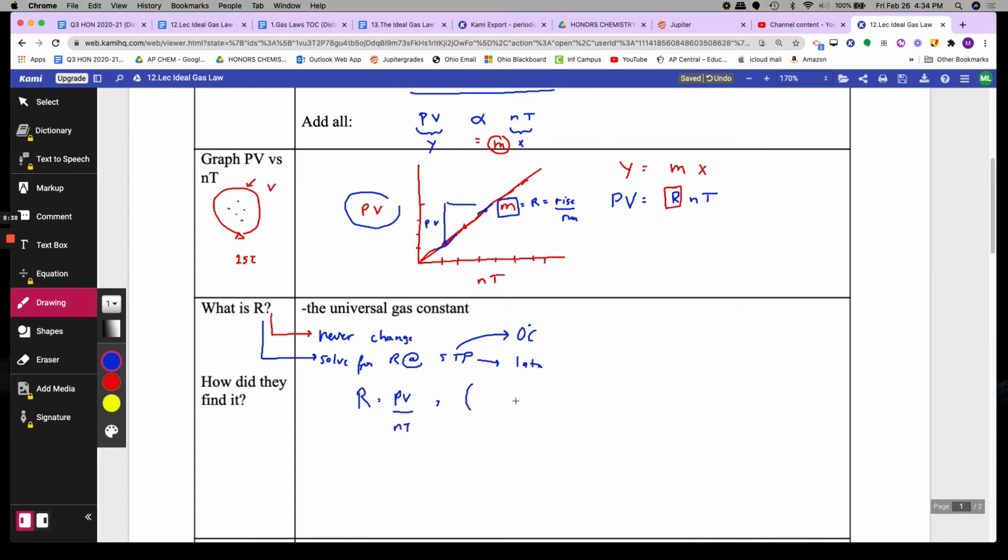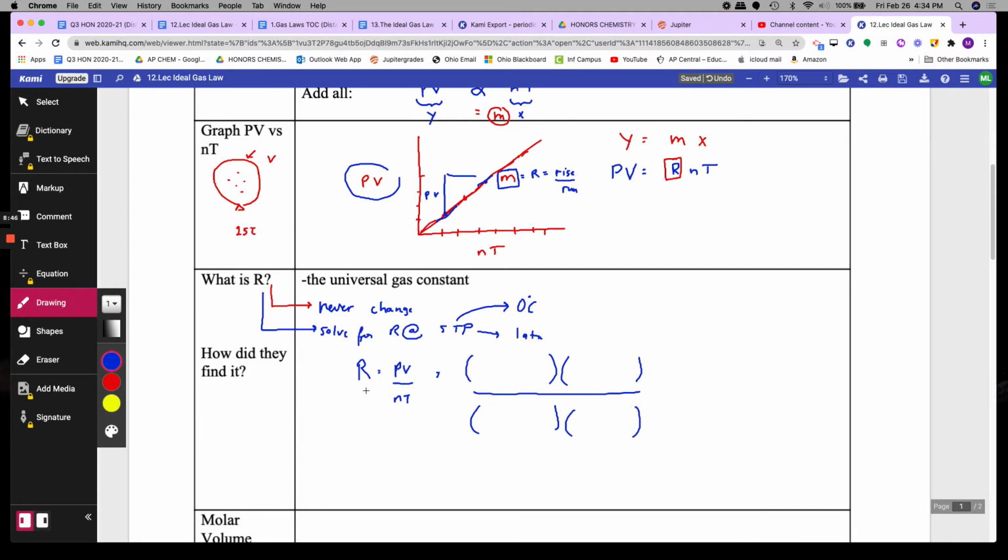So all we have to do is plug in pressure, volume, moles, and temperature. If we're going to solve for R at STP, standard pressure is 1 atm. Standard temperature is 0 degrees Celsius plus 273 equals 273 Kelvin.